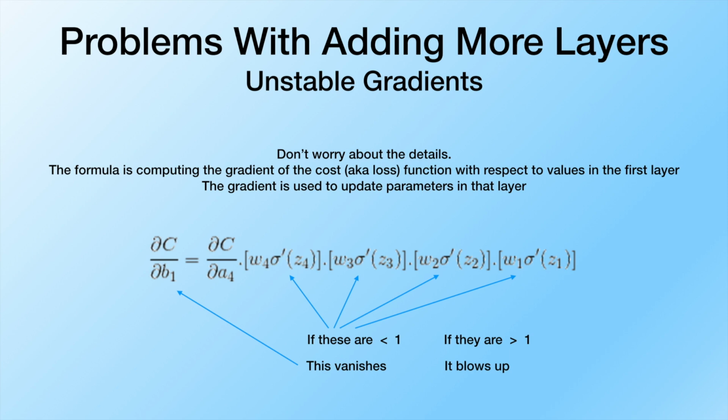So that is really just a summary of the problem of adding more layers. It's not always a problem, and there are ways to handle it, not to fix it or cure it entirely, but there are ways to work around it. So at this point, the video has gone to just about the right amount of time to cut here. So we'll move on to the coding in another video.